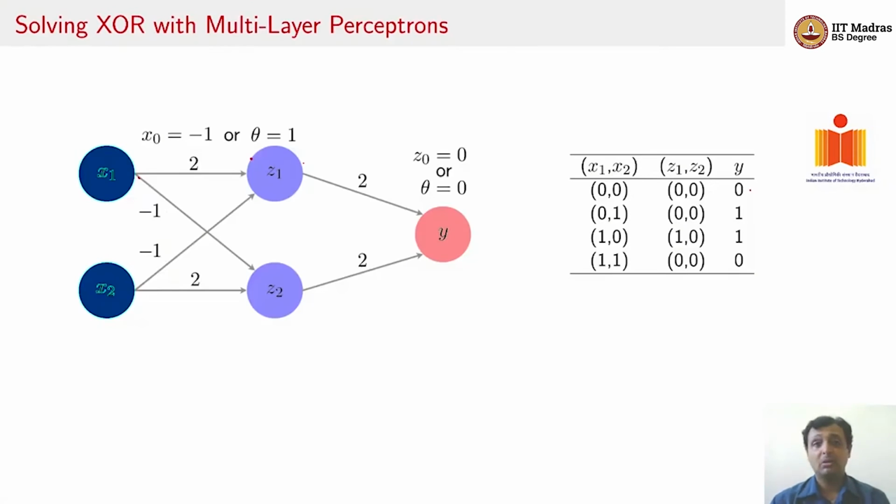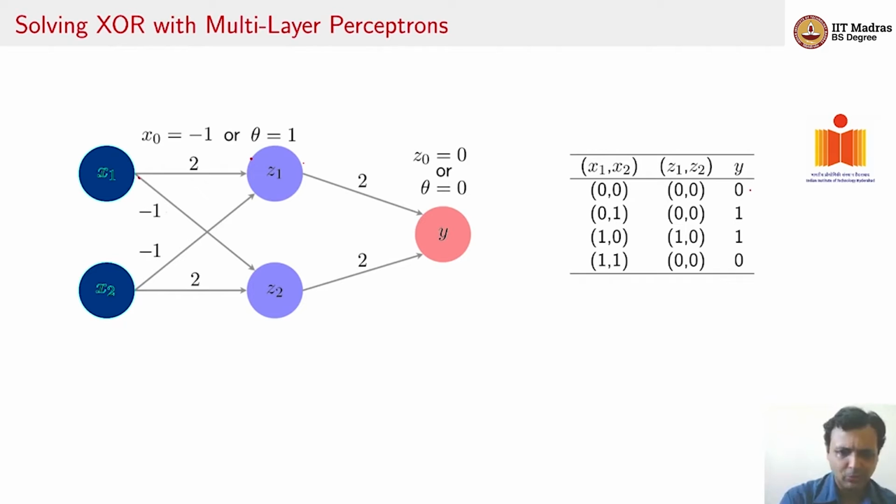So here is an example of how a multi-layer perceptron can be used to solve the XOR problem. This is just one weight configuration that can solve the XOR problem. There could be other weight configurations that may or may not solve it. All that we are trying to say here is that there is at least one weight configuration with a multi-layer perceptron that can solve the XOR problem.